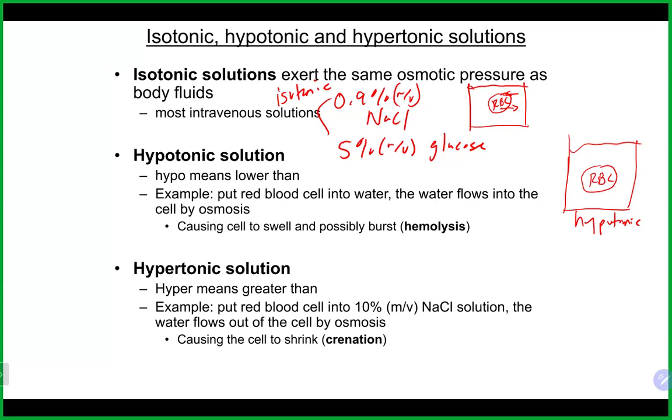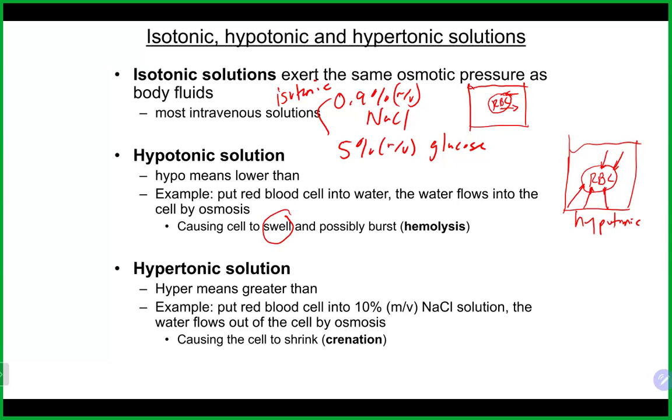The idea there is it's like trying to dilute it down, so everybody's going to flow to the higher concentration. So in this particular case, because the solution is actually lower in concentration, all the fluid from the solution is going to flow into the cell. And the result of that is, as you can see here, the cell will start to swell and possibly burst, which I'm assuming is probably not a good thing. And that is known as hemolysis. That's what's going to happen just by the process of osmosis.